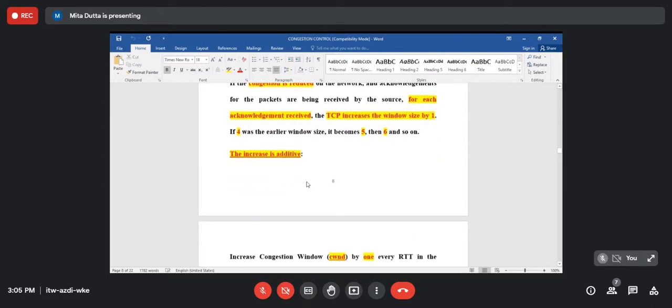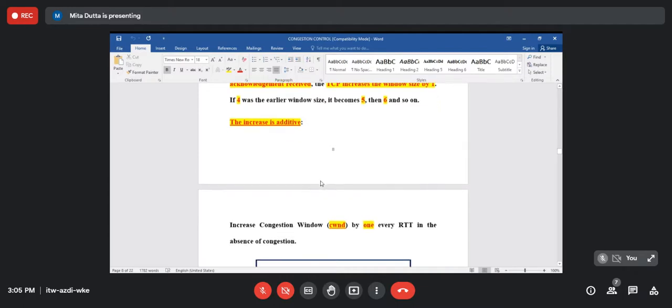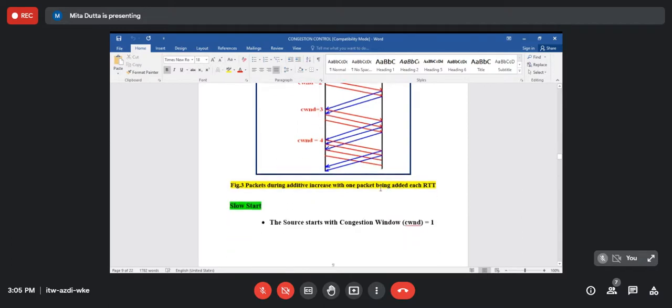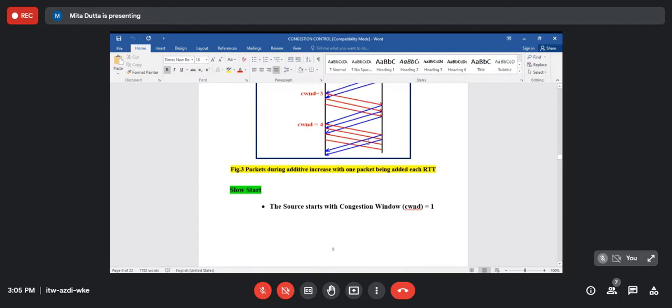That is why it is additive increase and multiplicative decrease. Say here, first CWND is 1, and we receive an acknowledgement. Then we increase the congestion window by 1. It is 2, we receive another, then 3, then 4, and so on. But when congestion occurs, the decrease will be multiplicative.